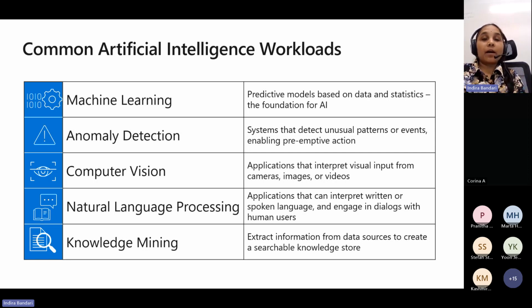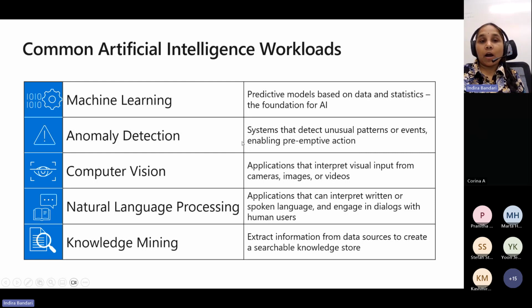Finally, the claims data, including forms the insurance firm has to be filled, photographs and other artifacts will be collected, and these will be indexed to gain insights, and that's where knowledge mining comes into play. Then we can create a searchable knowledge store to help manage future claims.